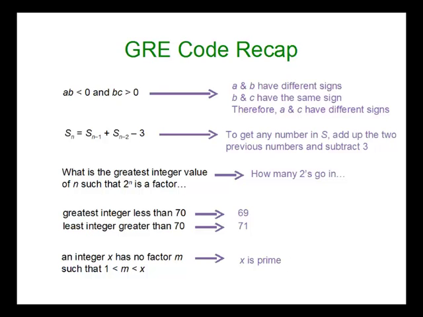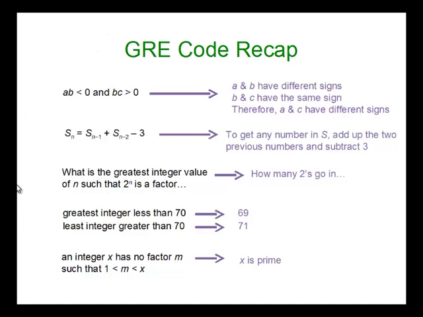Be prepared to translate sequence definitions into words. Greatest integer value of n such that 2 to the n is a factor. That's a doozy, but I guarantee the next time you see that one, you're going to say, okay, what power of 2 goes into something? Oh, I remember, that's about how many 2's there were. Much easier to get to the translation if you've seen the same code at work before.